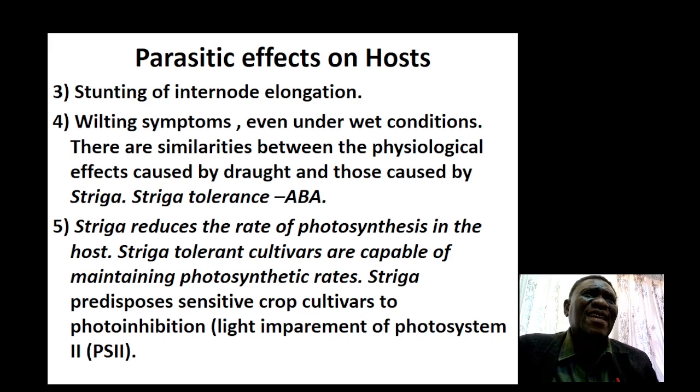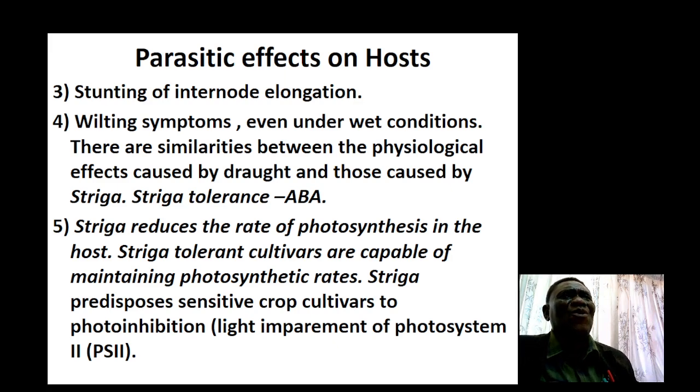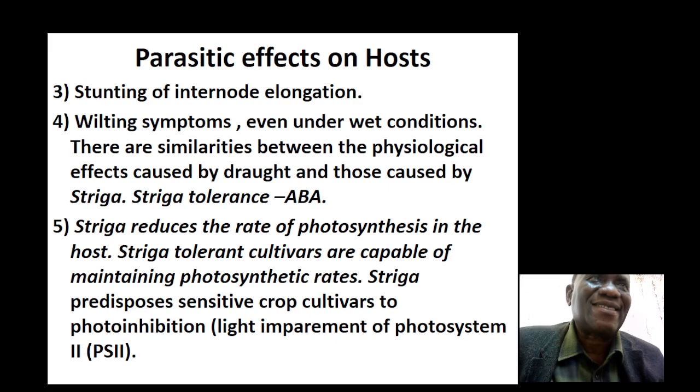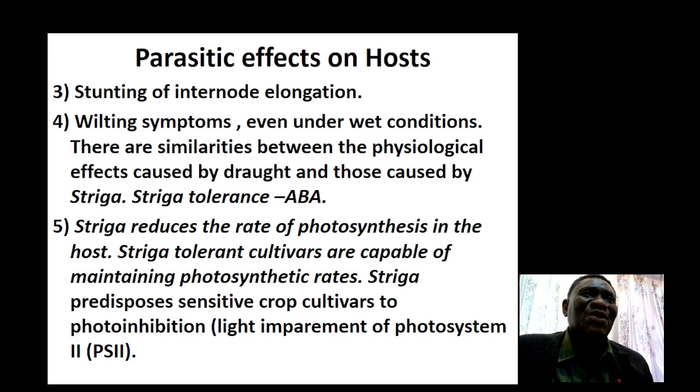Please note that there are similarities between the physiological effects caused by drought and those caused by striga. Now, striga tolerance is something to do with abscisic acid. Even drought tolerance is something to do with abscisic acid.